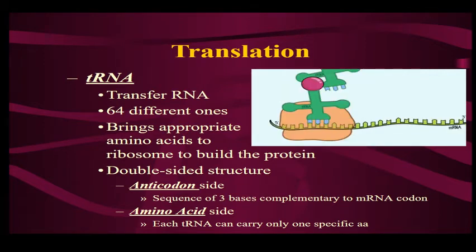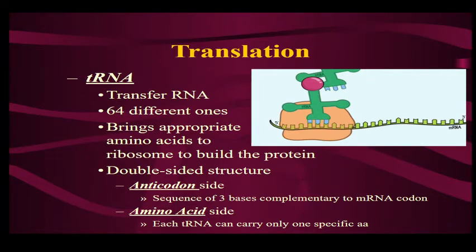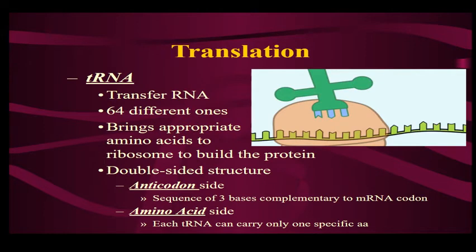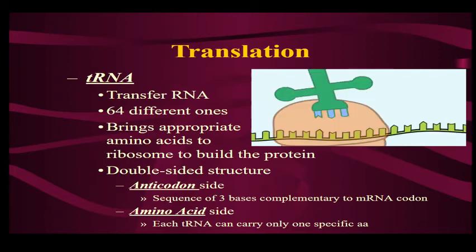tRNA has a double-sided structure. One side has an anticodon. The anticodon is a sequence of 3 bases that are complementary to mRNA codons. The other side of the tRNA is the amino acid side.